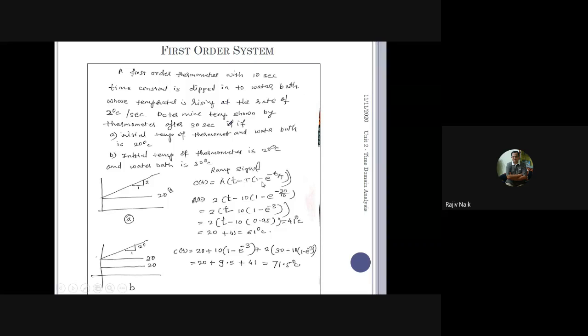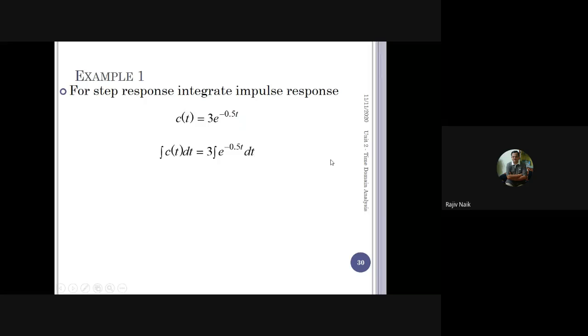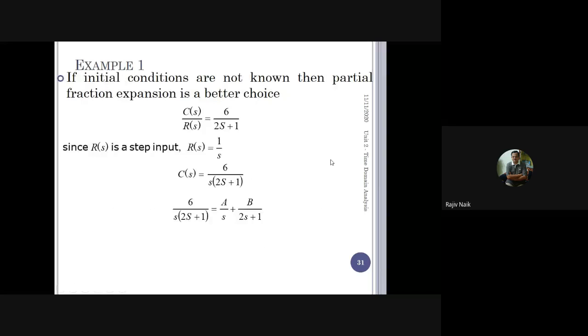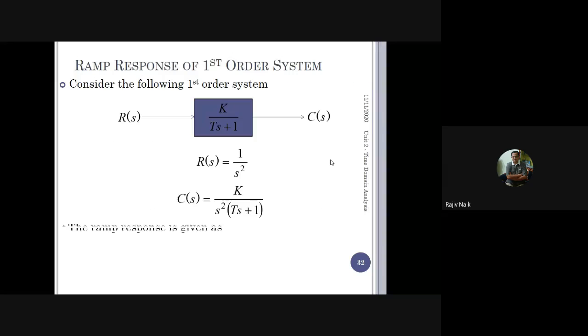This is t, and minus of minus plus T into e to the power minus t by T, it becomes. Don't get confused. That is the equation we have seen here. See here, this is a ramp signal. This is the equation, K, which I have written as capital A, t minus T plus T e to the power minus t by T.